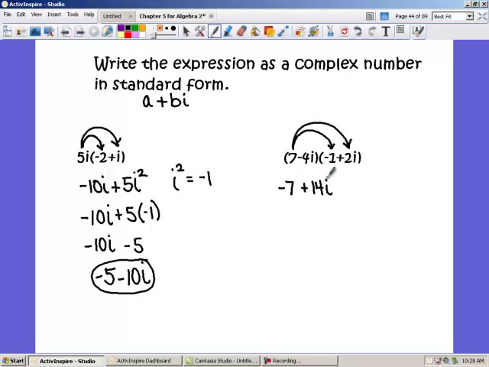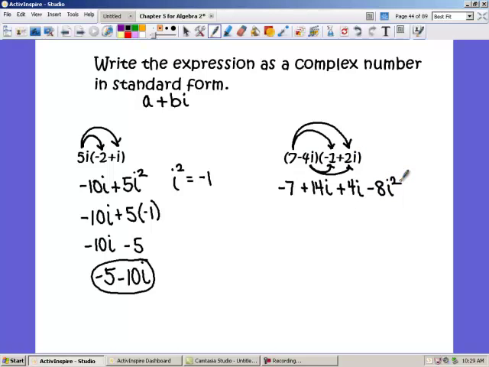And now we're going to take negative 4i times negative 1, which is a positive, because there's two negatives, so positive 4i. And we're going to take negative 4i and times it by positive 2i. So negative 4 times 2 is negative 8, and i times i is i squared.